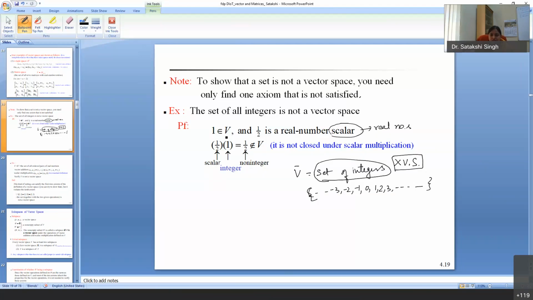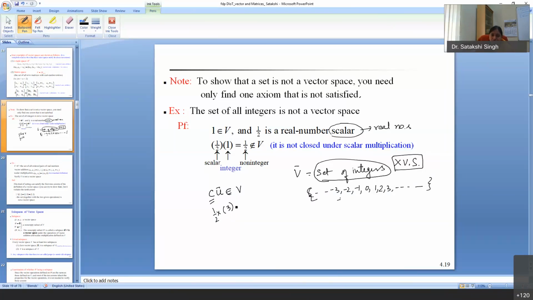If you very carefully see, let us say any number you take from this set of integers and you do the scalar multiplication, as we define the scalar multiplication of C into U, it should also belong to the set of vectors V. But in this case, if you take this scalar as, let us say, 1 by 2, and some vector, any vector you can take from this, or because this vector is a number here, so any number you can take. Let us say I take the number 3.